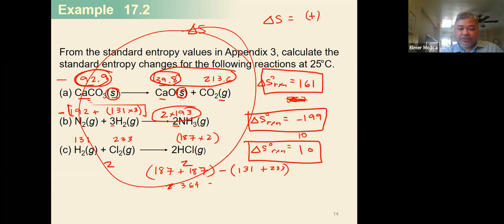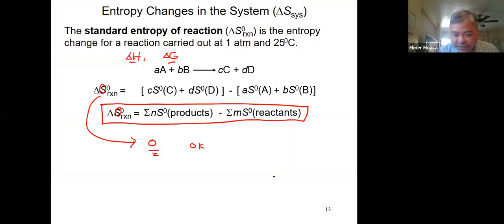Because the next thing that we're going to do is, now we have the entropy, now we have the enthalpy. When we combine them, we have now the delta G, the Gibbs free energy. Okay, and we have discussed some calculations last time that we can have the calculations of delta G from the granddaddy equation, which is this, or from the one that we have earlier, like this one.